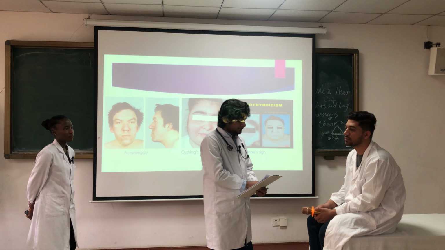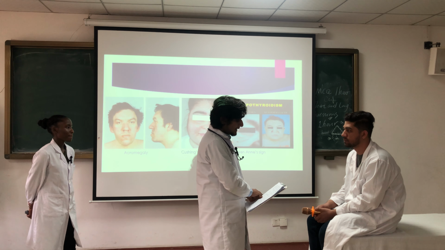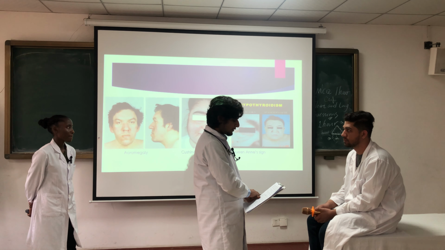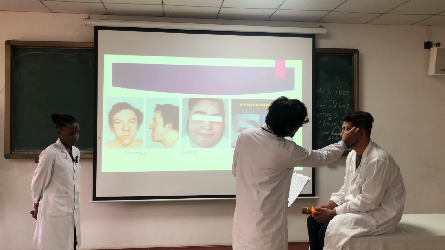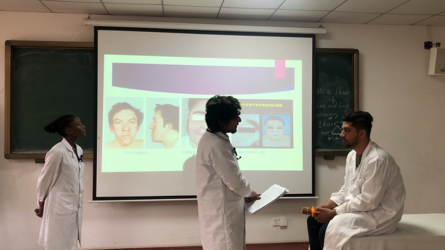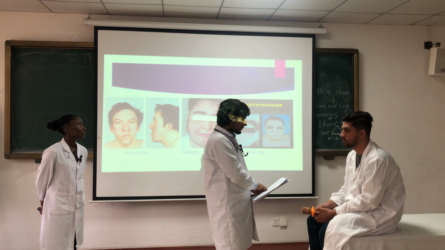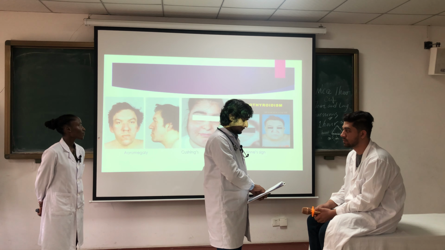Excess of hair on a female patient's face is a feature of raised androgen hormones. Loss of one-third outer part of eyebrows is called Queen Anne's sign, a feature of hypothyroidism.